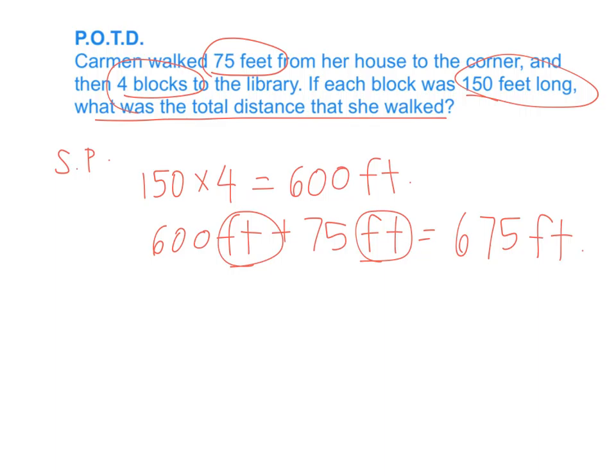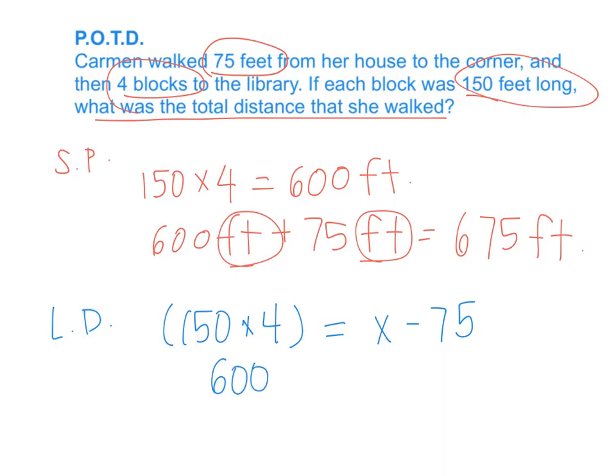Liam? I wrote an equation. I put in parentheses 150 times 4 equals x minus 75. To make it easier, I solved the parentheses. 150 times 4 is 600.